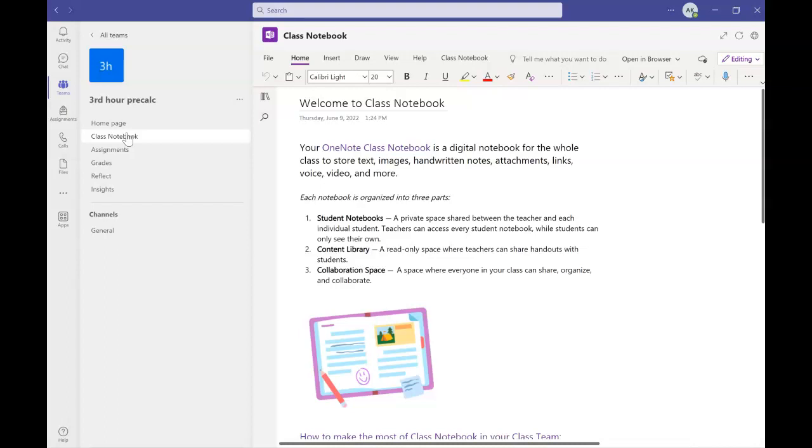Once that loads in, all you need to do is go to the drop down where it says open in browser and select instead open in desktop app. That'll open up the OneNote and add the shared page that I made for you into your OneNote. That should set everything for you.